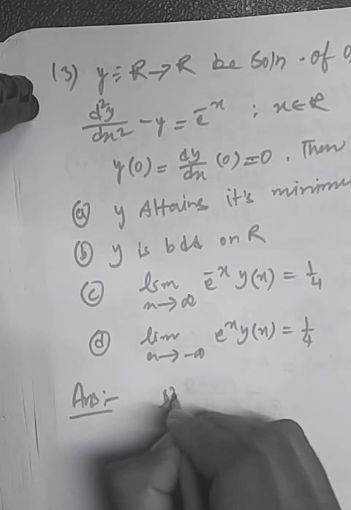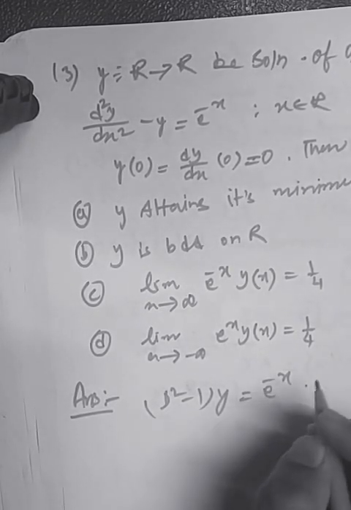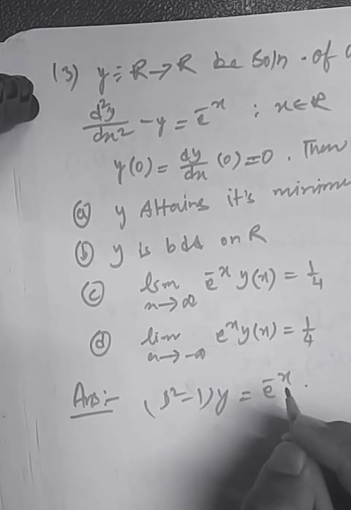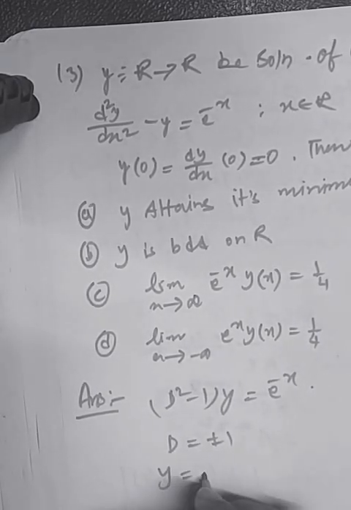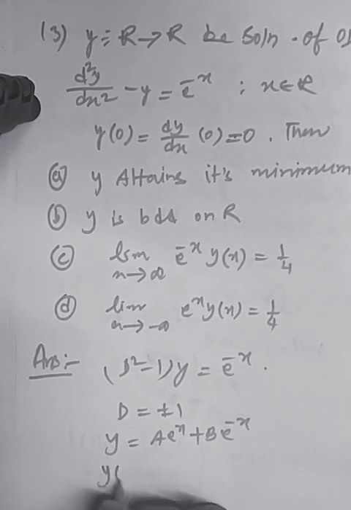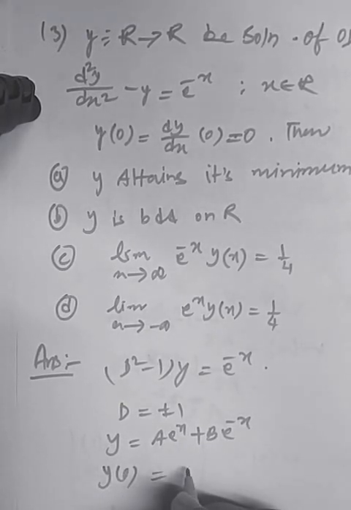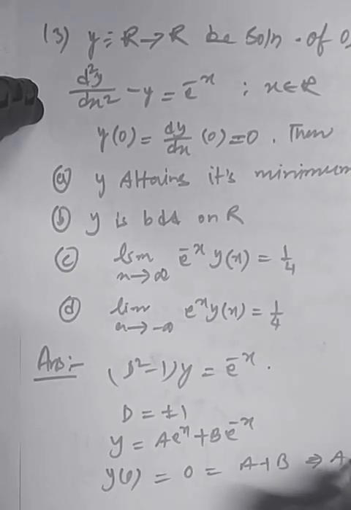So (D square minus 1) y is equal to e to the power minus x. This is quite important. D is equal to plus minus 1, so y is equal to a e to the power x plus b e to the power minus x. Now y(0) = 0 is equal to a plus b. This implies a is equal to minus b.